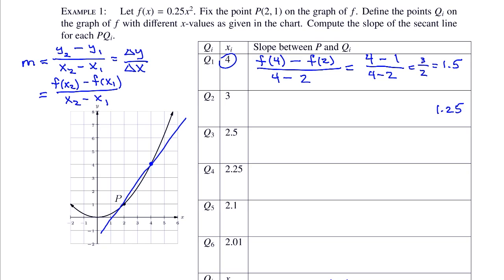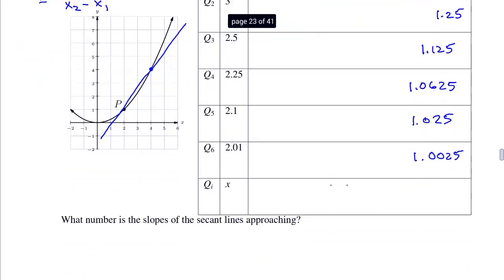Okay, so let's check some of these answers and see if they all came out right here. So you should have gotten 1.25 for Q2, and then 1.125 for Q3, 1.0625 for Q4, 1.025, and then 1.0025 for Q6.